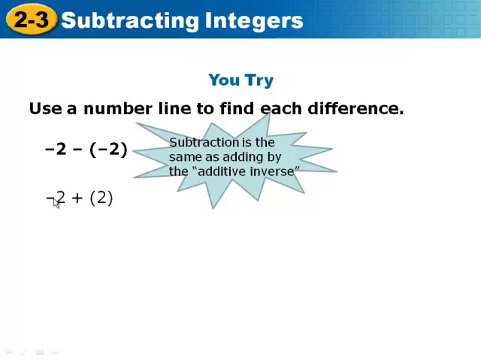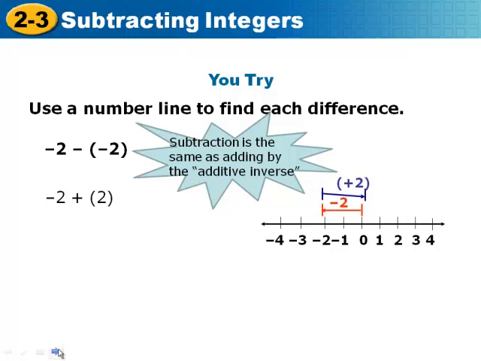So -2 minus -2 is the same as -2 plus +2. We're going to go to -2 on our number line, and we're going to move to the right 2 places, and our final destination is 0. So -2 minus -2, or -2 plus +2, is equal to 0.